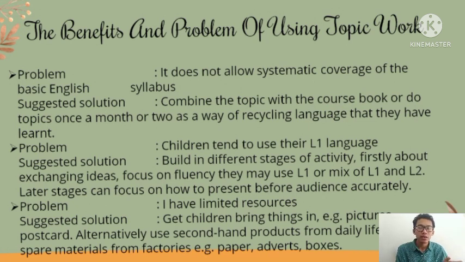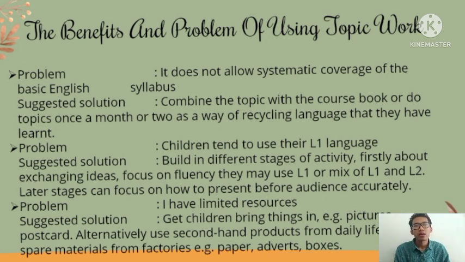In a later stage, we can focus on how to present accurately before an audience. So in the first stage, they have to enjoy what they do, and secondly, when they already enjoy expressing their activity and are interested in it, they can use their English better.